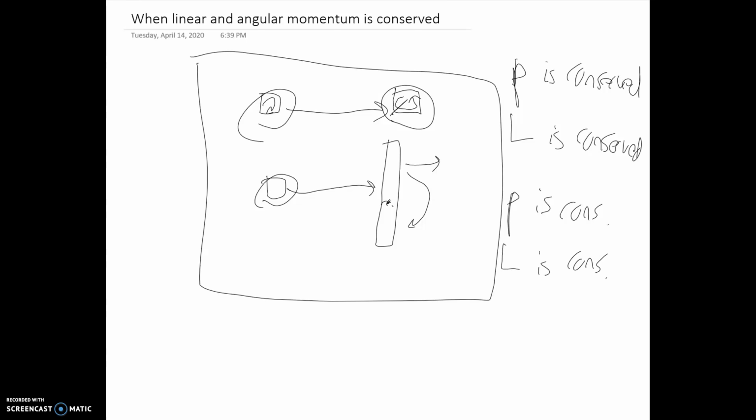Now the thing is, how does this thing have an angular momentum? That's kind of a weird thing, but at the moment that it strikes, it does have an angular momentum, compared to the length of this bar.